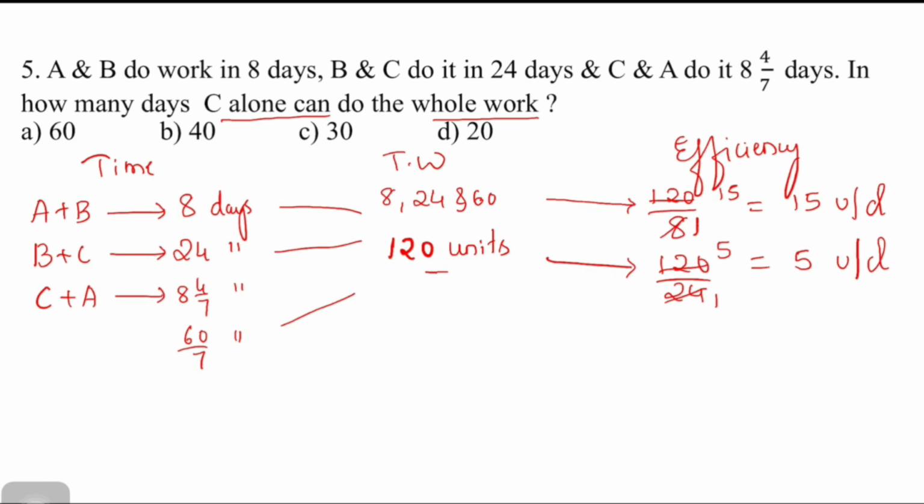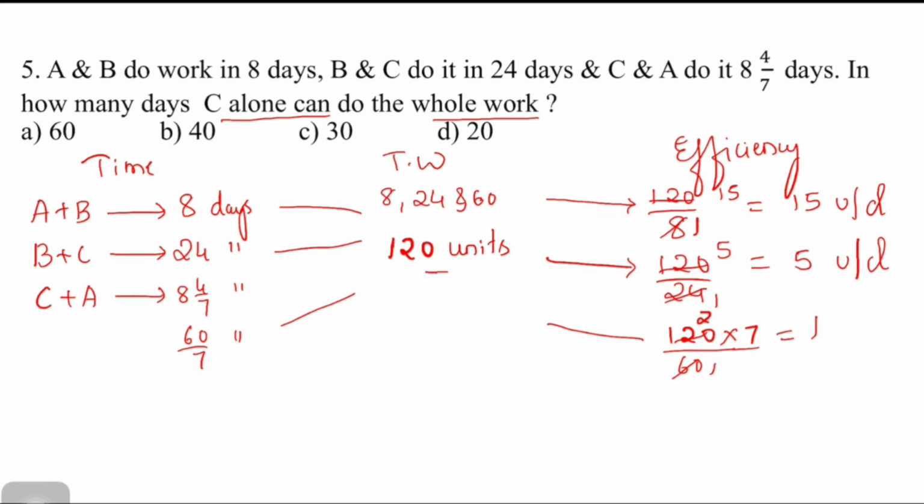Now C plus A together will complete 120 units in 60/7 days. So in one day how much will they complete? It is 120 divided by 60/7, so the 7 will go on top. 1 two is 2, 2 sevens are 14.